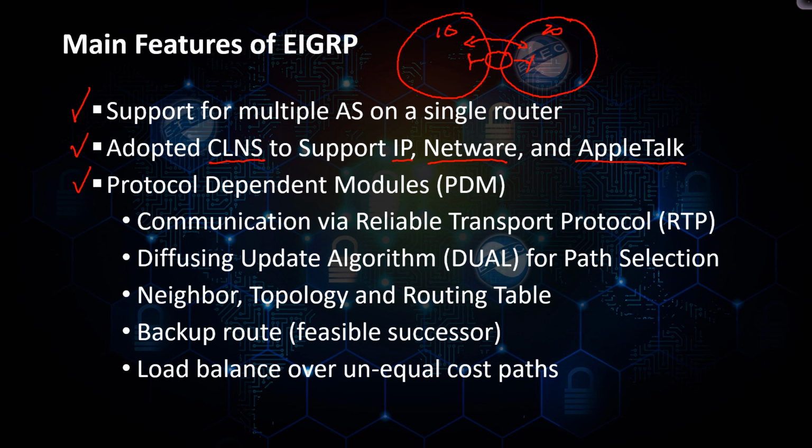PDM allows a Cisco EIGRP router to communicate and send EIGRP packets reliably via RTP. Next is the Diffusing Update Algorithm. It allows EIGRP routers to calculate the best path for all remote networks. It also allows EIGRP to build neighbor, topology, and routing tables with backup routes, or what they call feasible successors.